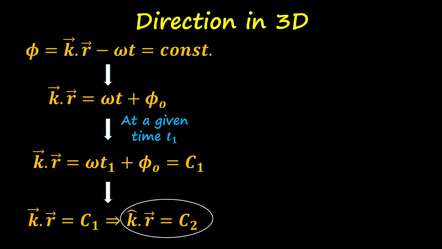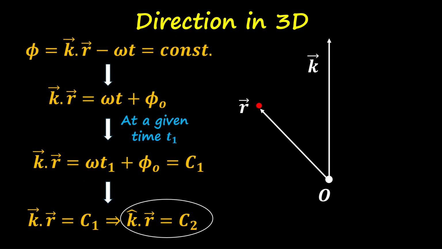Now, what does this equation represent? It's very interesting. Let us take an origin O, and let's say the constant vector k is in this direction. If I take a point P, which is at r from the origin, then if I take the dot product with the k vector, this represents the projection of r along the direction of k.